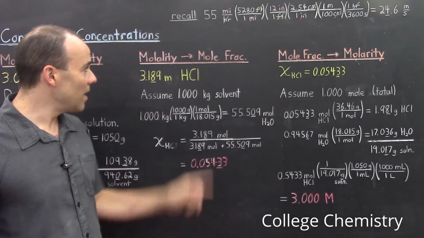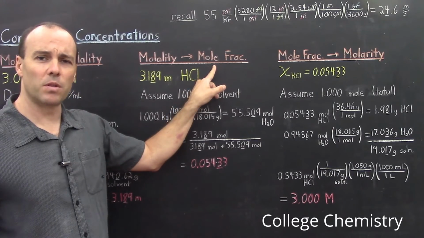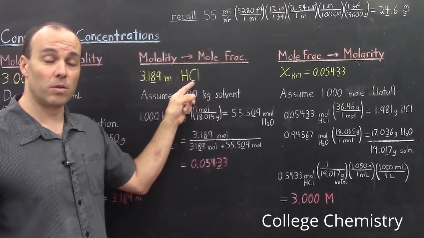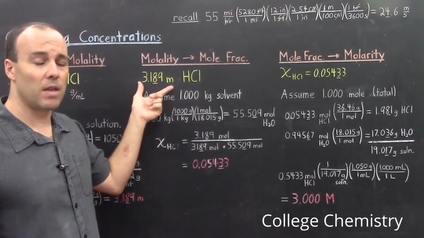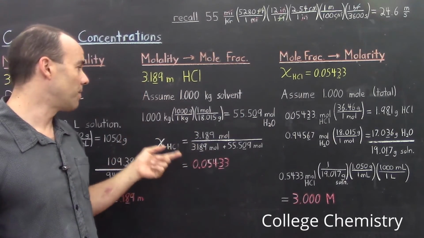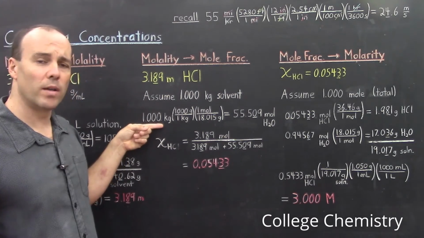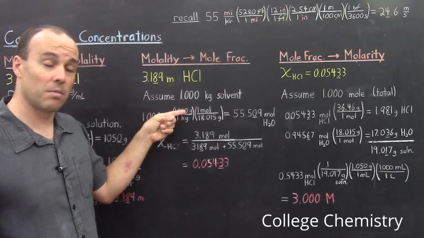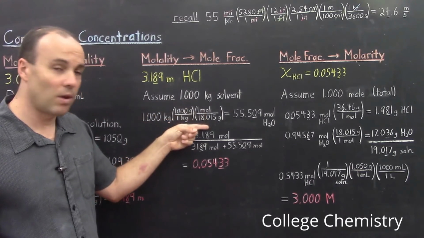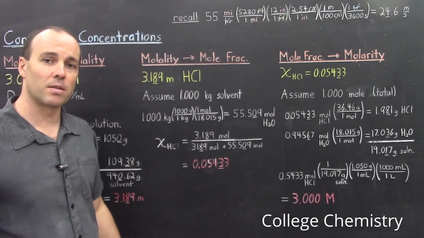So to get to mole fraction, we need the moles of HCl and the moles of water. So we already have the moles of HCl, so let's get the moles of water. So we take our 1 kilogram of solvent, which is water, we convert it to grams, and then we convert the grams to moles using the molar mass.